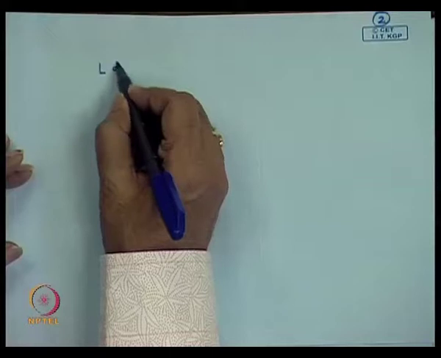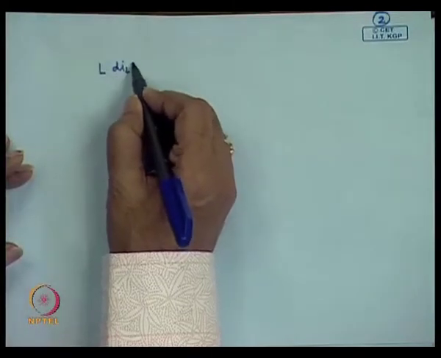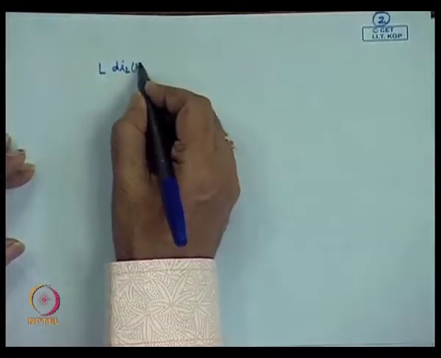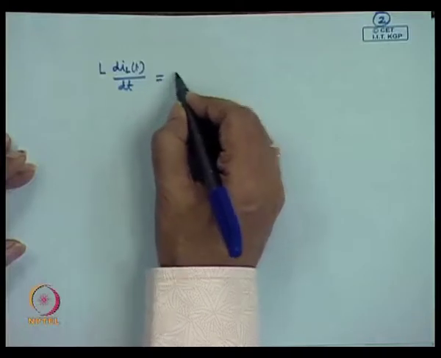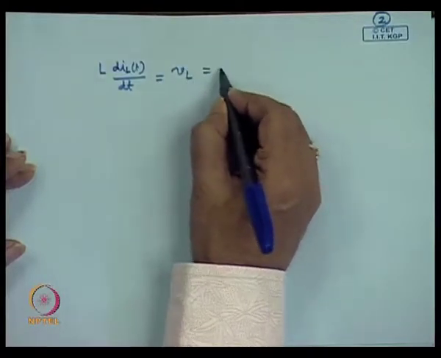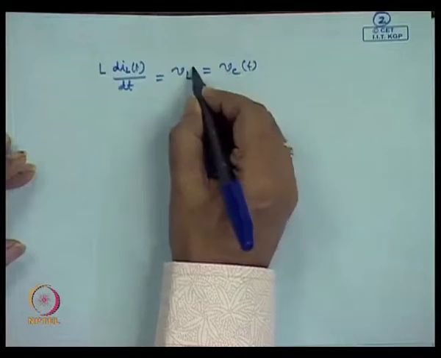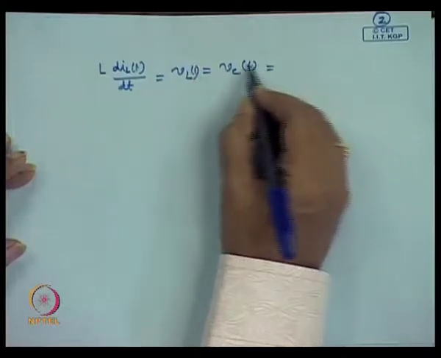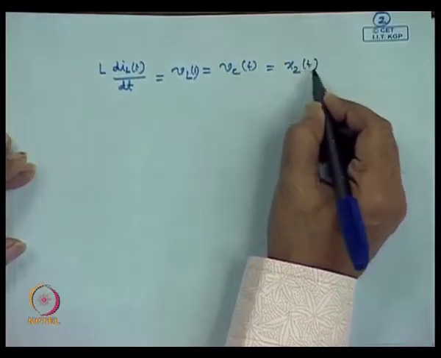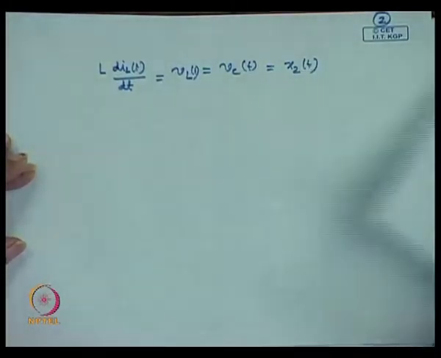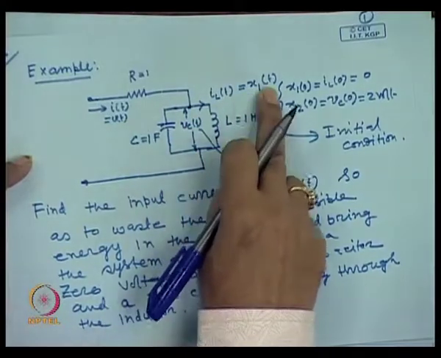So, I can write L d I L of t by dt is equal to V L is equal to V c of t, and V c is the voltage across the capacitor with variable x 2 of t, and the current flowing through the inductor I L of t is variable x 1 of t.